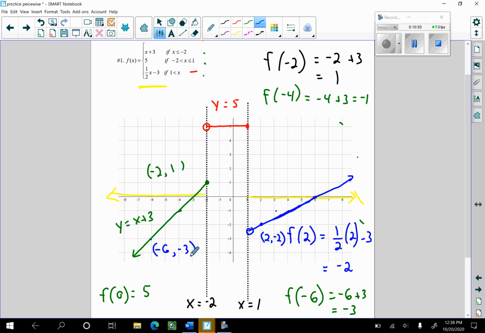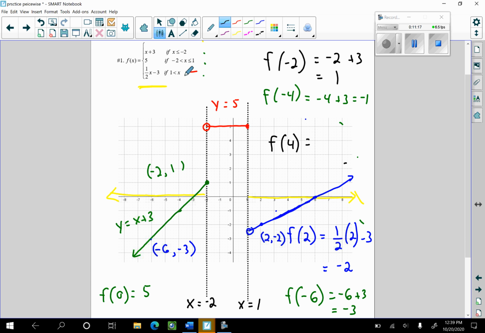Okay? Let's do one more example here. Hey, let's get wild, Billy, and let's find f of 4. Emerson, where is 4? Is it the top piece, the middle piece, or the bottom piece?